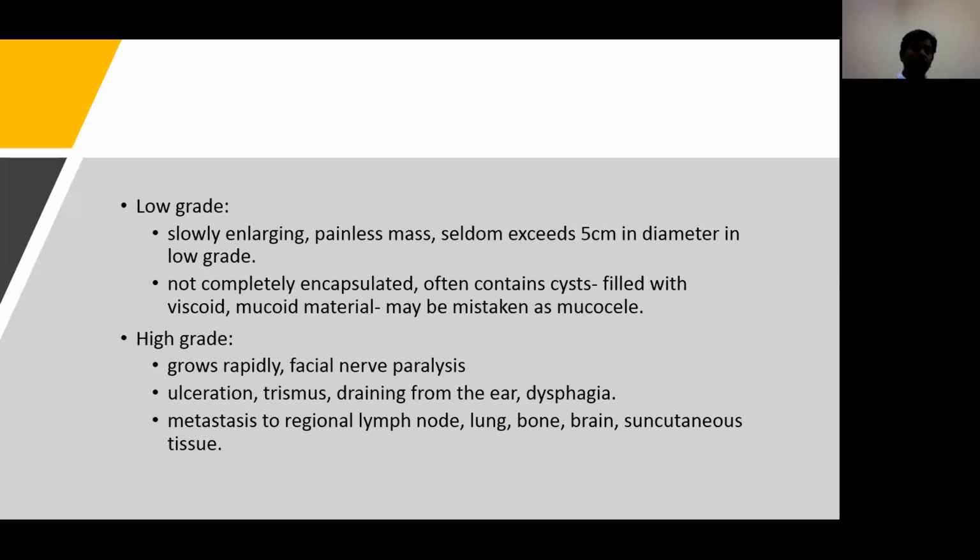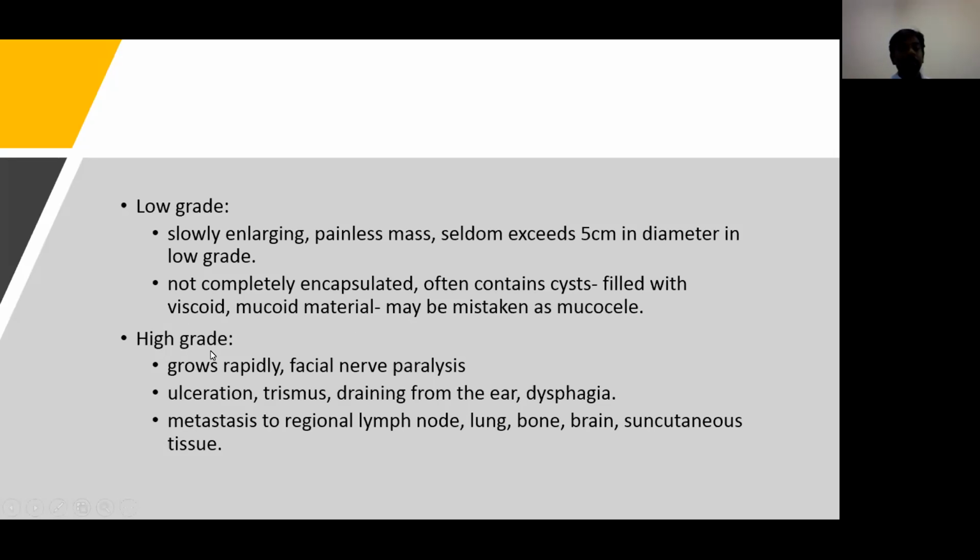You can divide mucoepidermoid into low grade and high grade. The low grade is a slowly growing tumor, never goes beyond 5 centimeters, and is not completely encapsulated. It often contains cysts filled with viscid or mucoid material, and sometimes it is even mistaken as a mucocele.